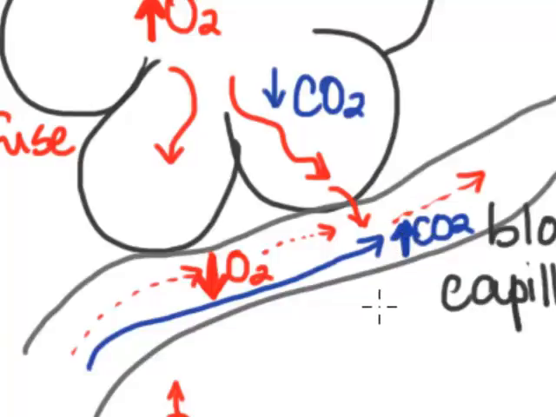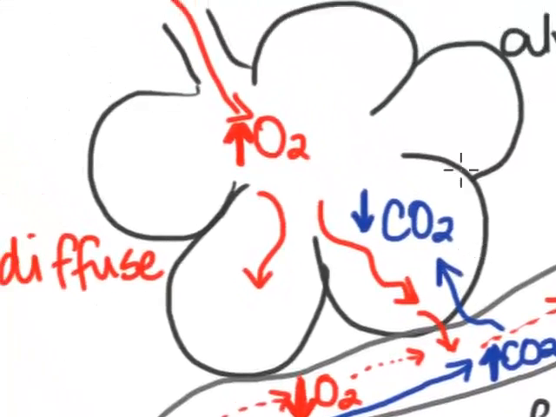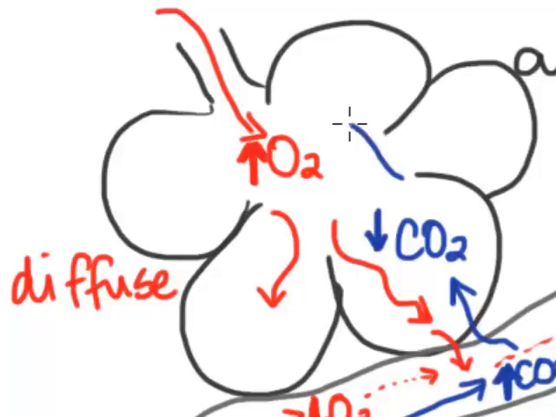A high concentration in blood, low concentration in the alveolus, which means that the carbon dioxide will move from the blood into the alveolus, and when exhalation takes place, the carbon dioxide will be exhaled.